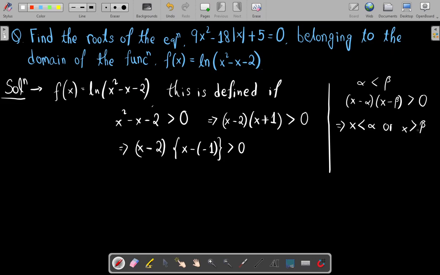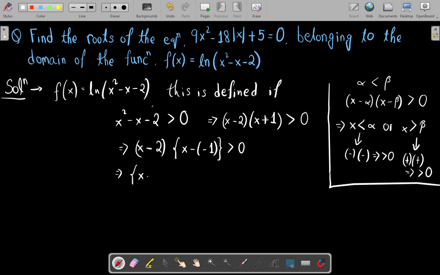Whereas if x is greater than beta, then x − alpha is positive and x − beta is also positive, so the product is greater than 0. In this case the smaller number is −1.